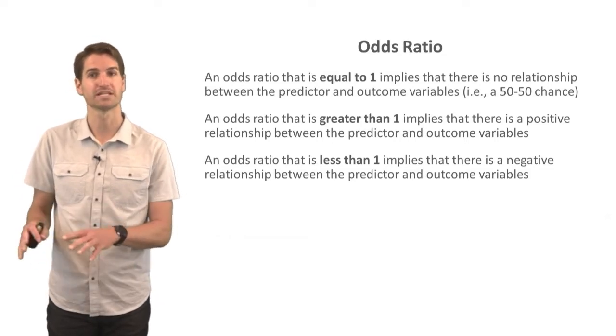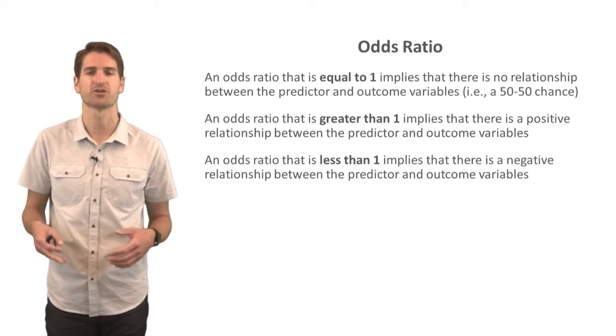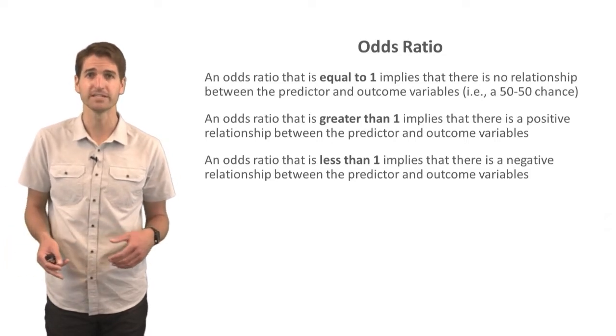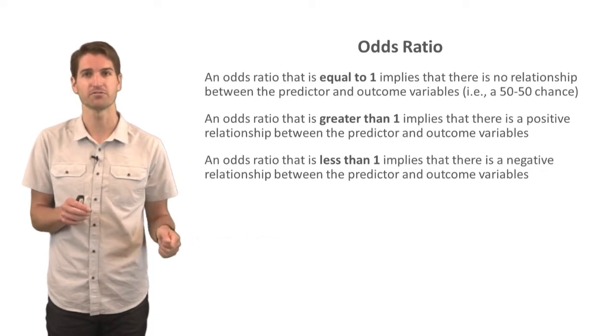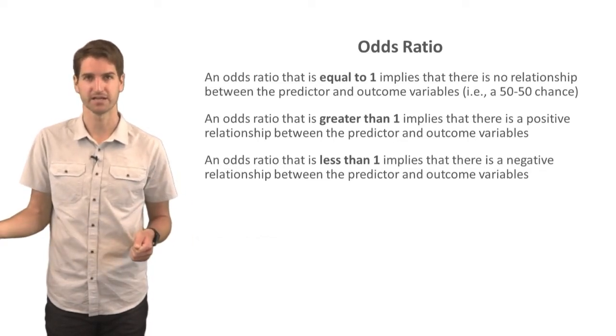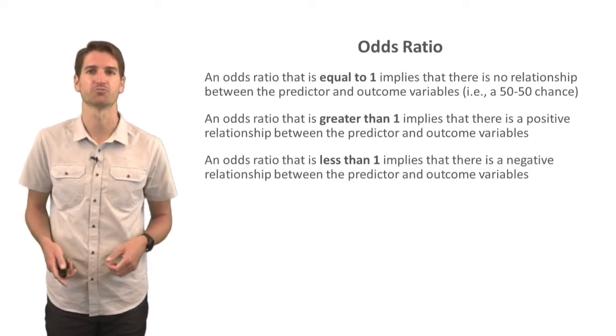Now, an odds ratio that is less than 1 implies that there is a negative relationship between the predictor and the outcome variable. It's also important to note that an odds ratio can range anywhere from 0 to positive infinity. Okay, so from 0 to positive infinity, and 1 implies that there's no relationship.